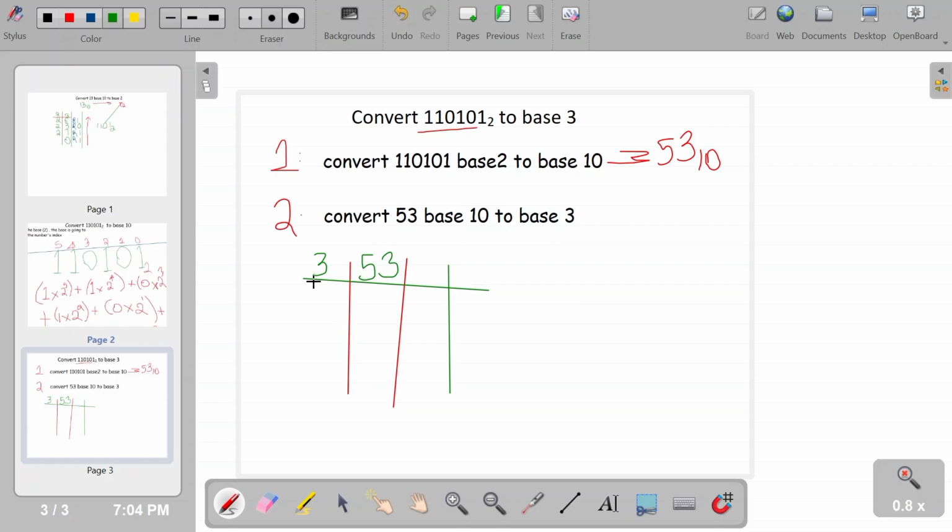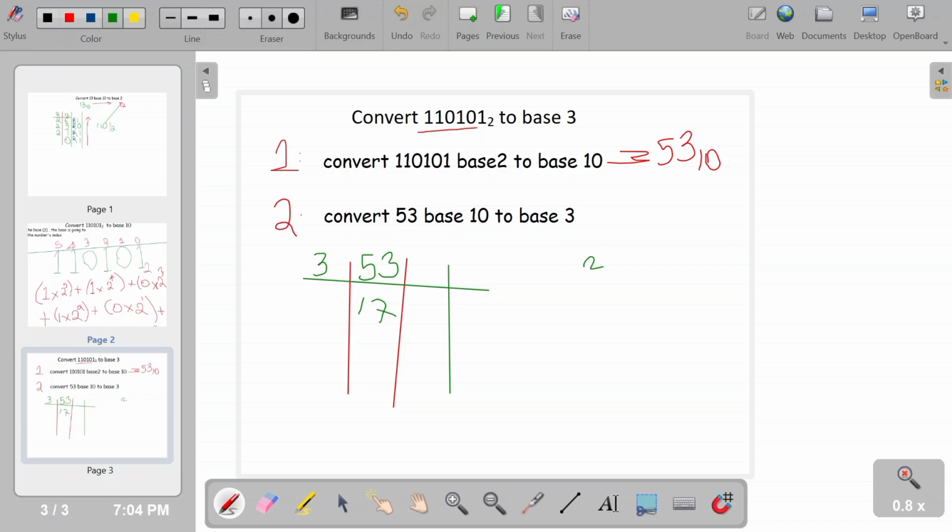Let's look at it together. 3 in 53 is going to give you 17.